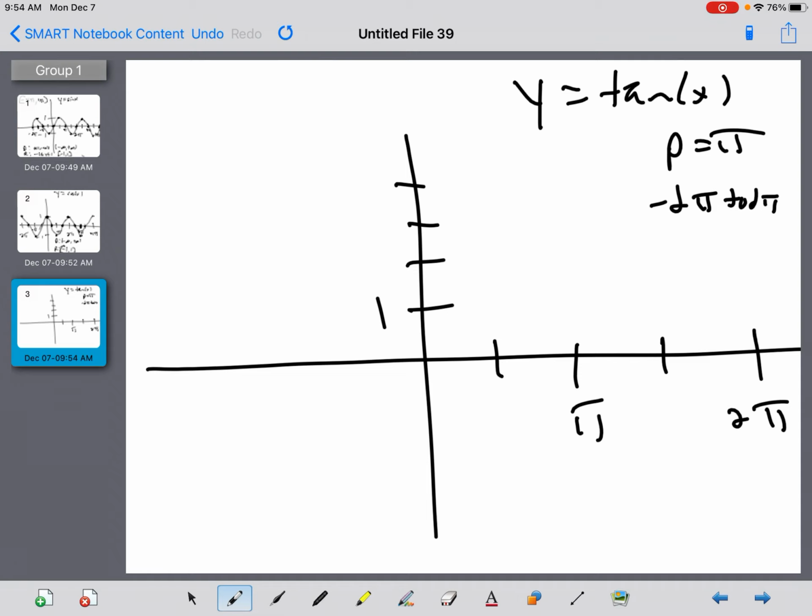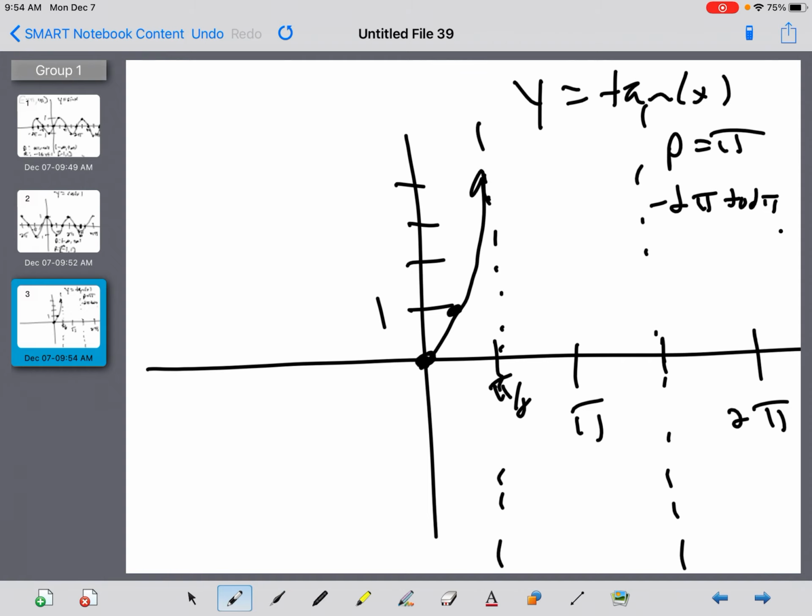Now the tangent of 0 is 0. Tangent of pi over 4, which would be right here, is 1. The tangent at pi over 2 is undefined. So at pi over 2, you have an asymptote. Same thing at 3 pi over 2, you have an asymptote. Okay, so this thing goes up like this and gets closer and closer.